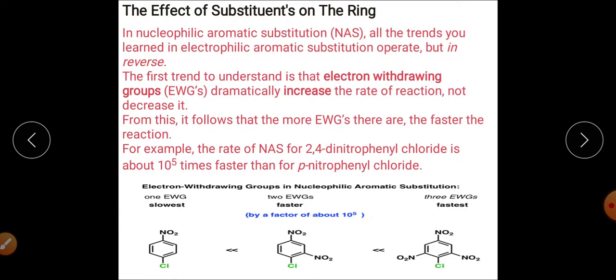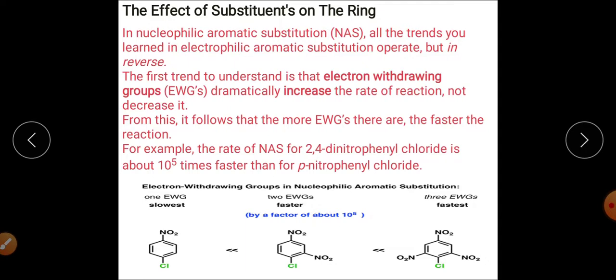Now, after discussing the four mechanisms of aromatic nucleophilic substitution reaction, the time comes to explain the different types of factors that will affect the rate of aromatic nucleophilic substitution reaction.